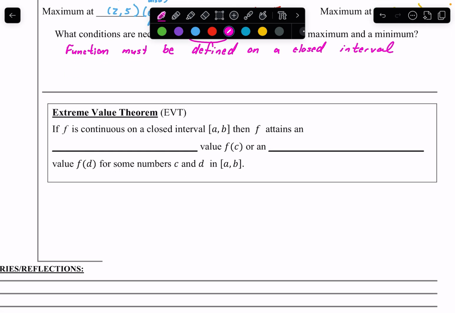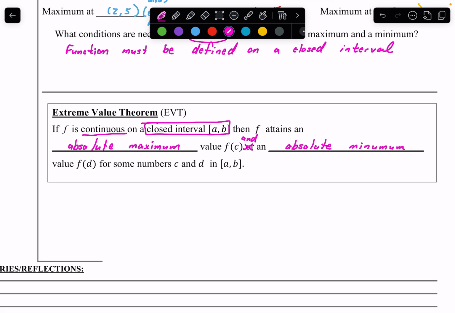And the idea is that if f is continuous on a closed interval, right, it has to be a closed interval, then f attains an absolute maximum and, this should be the word and, an absolute minimum on the interval from a to b.